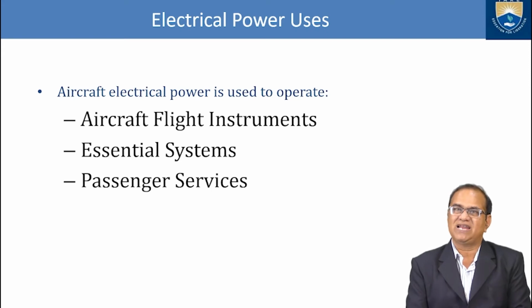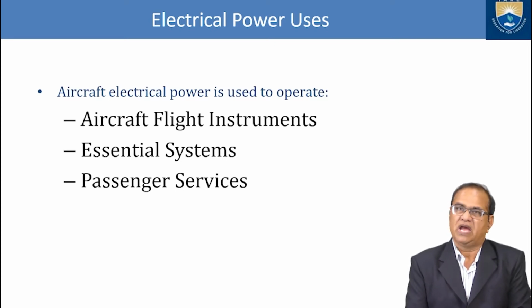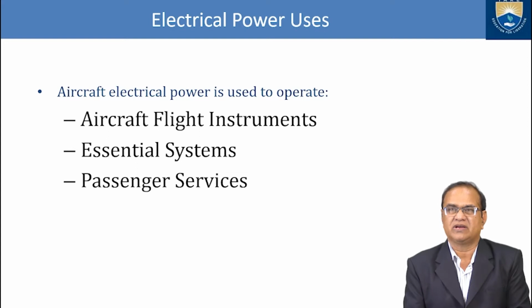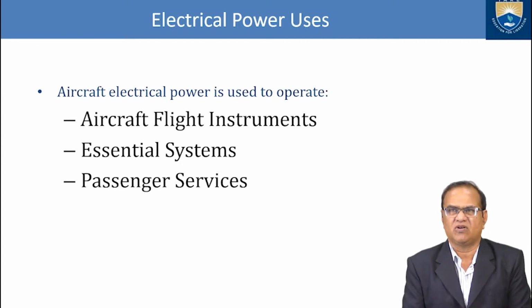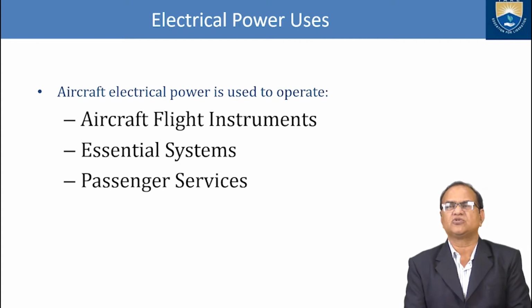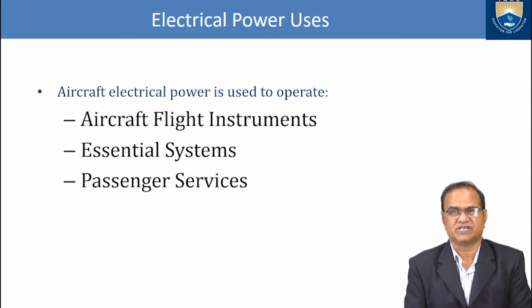You can see that the pilot is sitting in the cockpit and he has a number of instruments in front of him, like altimeter, speedometer, engine parameters, rate of climb indicator, and some MFDs, multiple flight displays, all has to be operated. So this all comes under the flight instrumentation.